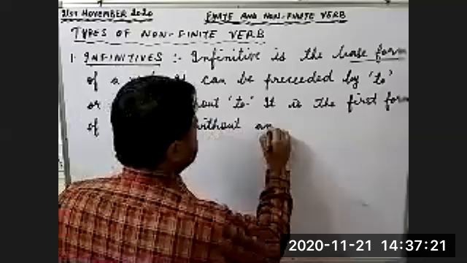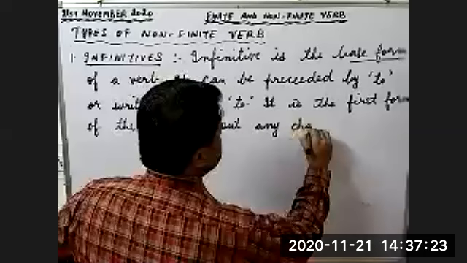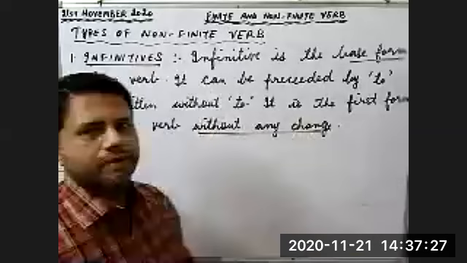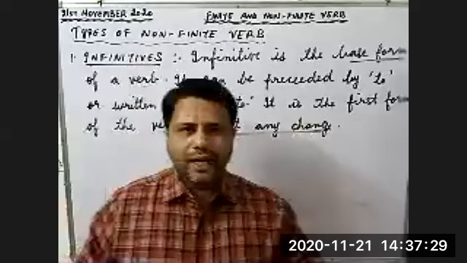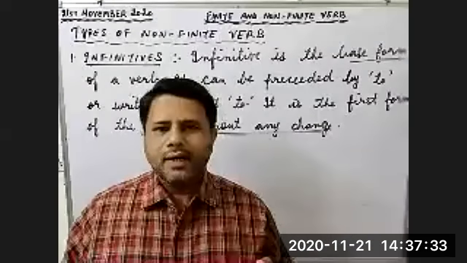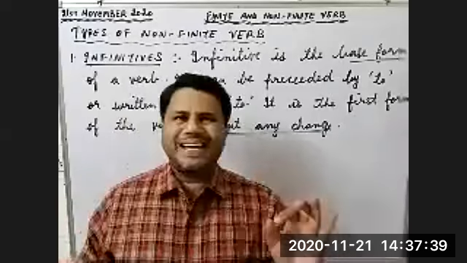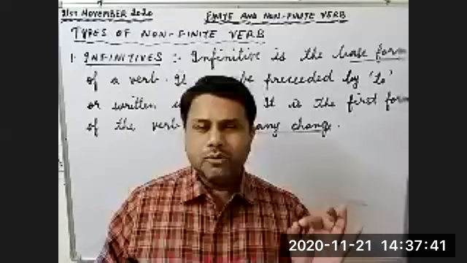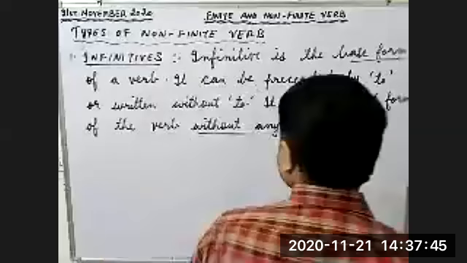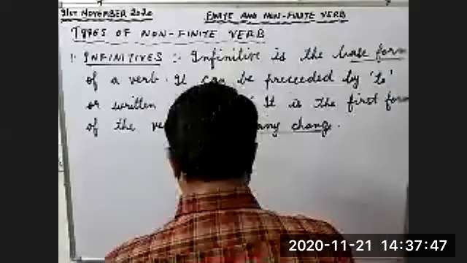When I say without any change, it means S or ES can't be added with it. It will be the base form. If we are taking the example of work, W-O-R-K, work, it cannot be working or works or worked. It will only be used as work only. It can be used like to work, or it can be used without to also. So that is the meaning of without change.